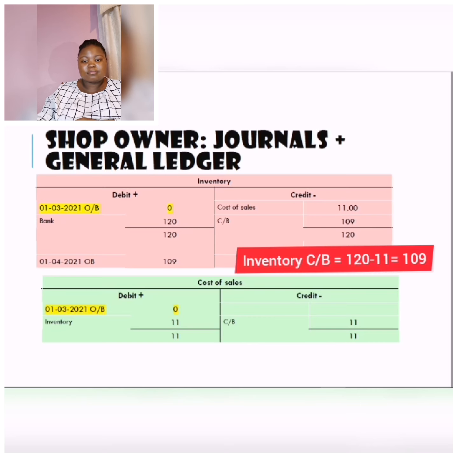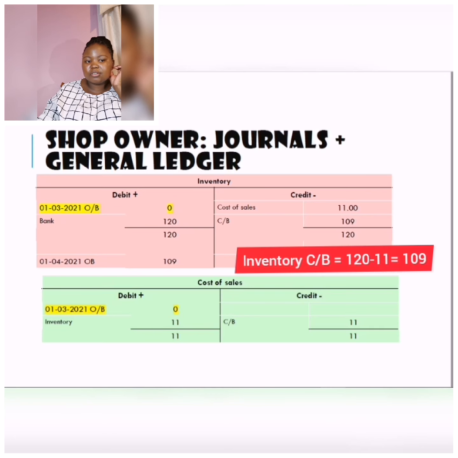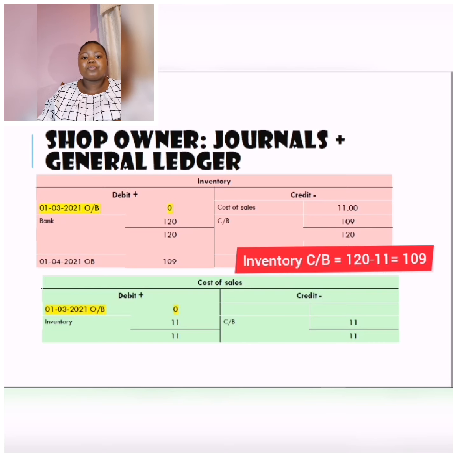And remember that I told you that your debits and your credits need to be equal. So your closing balance would be your opening balance for the next month or for the following year. So let's say you're having another transaction for maybe April, the 13675 will be your opening balance for that month or year.